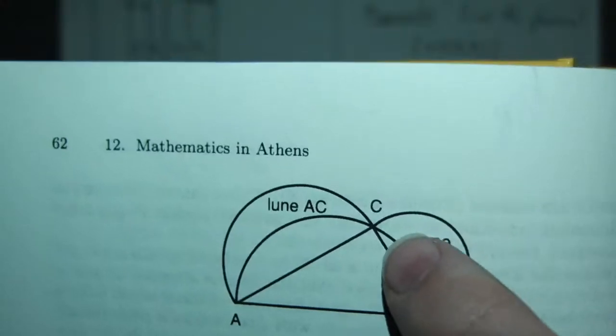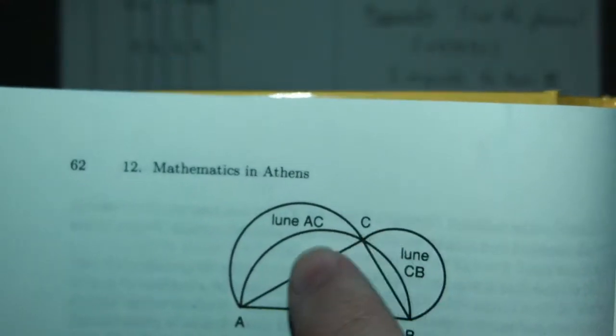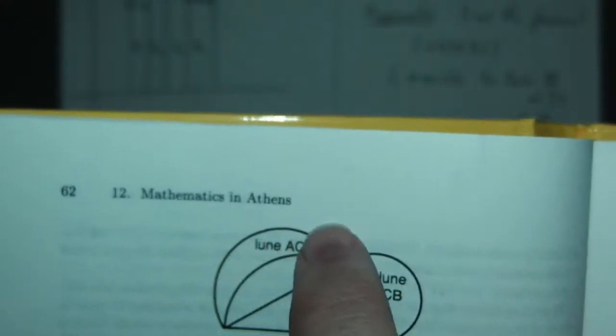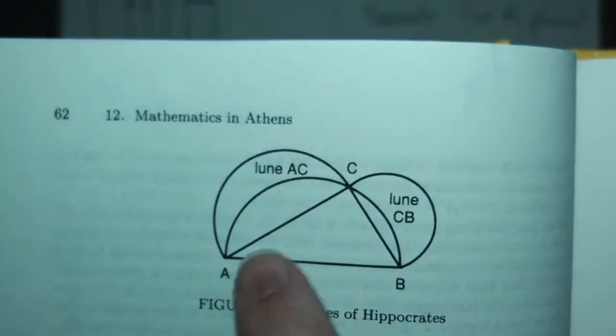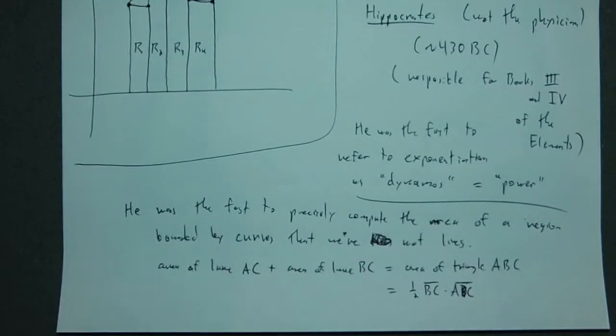Going back here, getting rid of the smaller areas, I'm left with the sum of the area of these two lunes. And that is equal to the area of this right triangle. Okay. So that's a neat little trick that Hippocrates used.